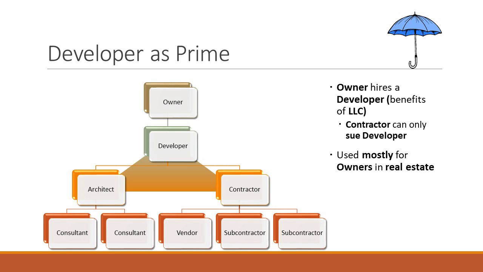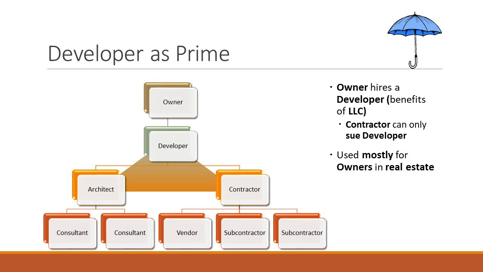Why this is used is you may have an owner that is in real estate. So there's a client at my old firm that we worked for, a guy named Sam Zell. Sam Zell is from Chicago. He owns more apartment units, or used to. I don't know if he still does. More apartment units in the country than any individual.